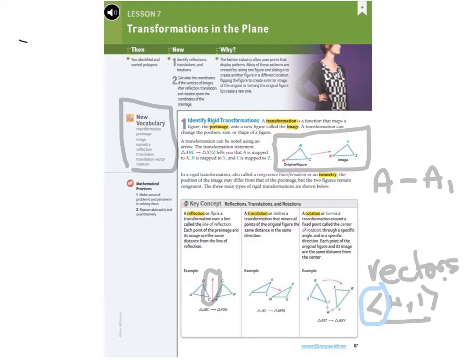Each image is rotated about a point of rotation, and as you can see from the diagram here, the distance from the point to T is the same as the distance from the point to Y. And for that you'll need a protractor.